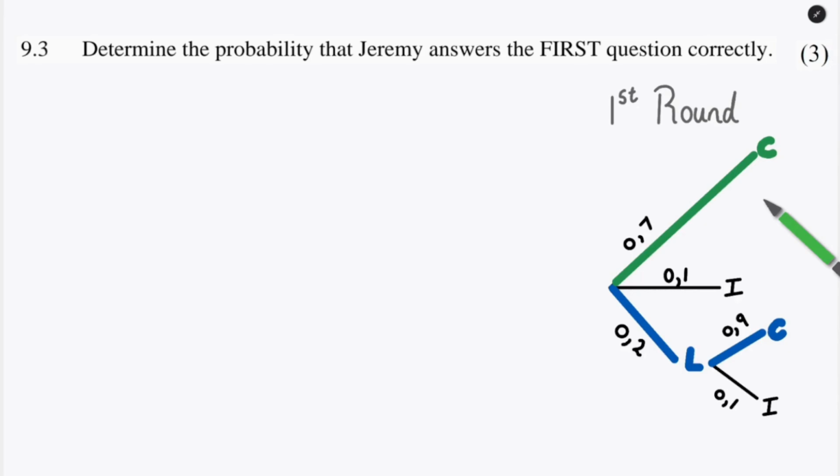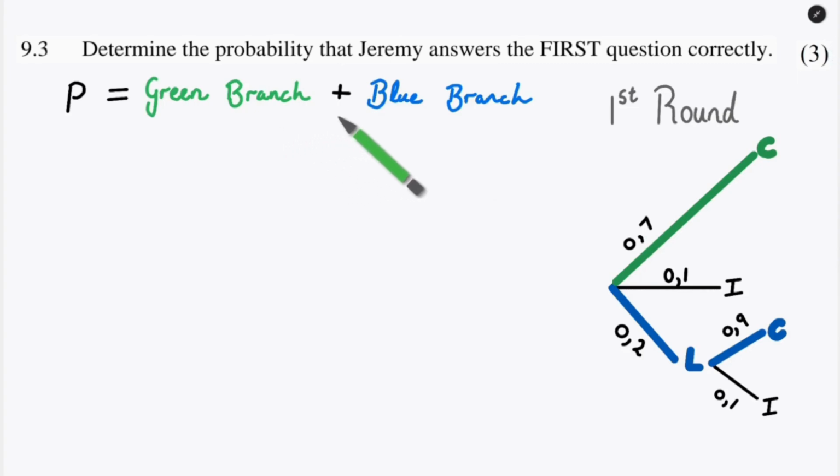So to get the probability of that, we need to add together the probabilities of each branch. So we're just going to pop in the relevant numbers. The probability of the green branch is 0.7. And the probability of the blue branch, if I'm going across little arms like that, I've got to multiply their probabilities.